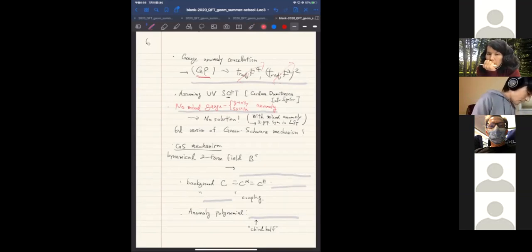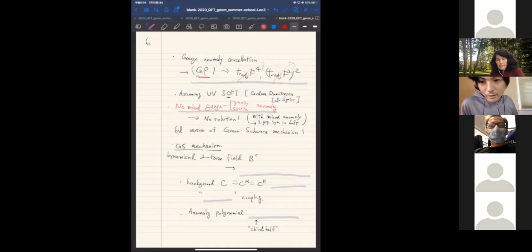If you allow the mixed gauge and gravity anomaly, then the UV cannot be a fixed point, but it can still be something more mysterious called the little string theory. There's a more interesting story there, but I don't have time to talk about it.